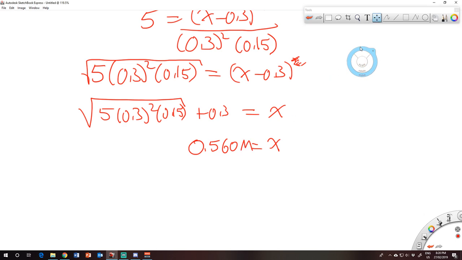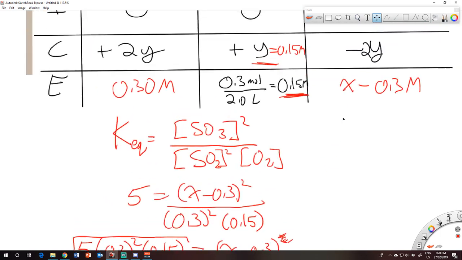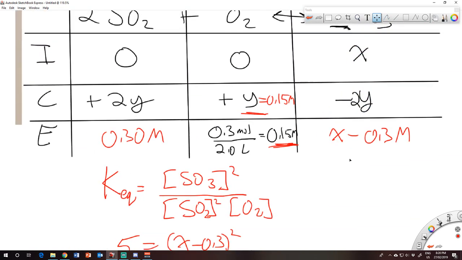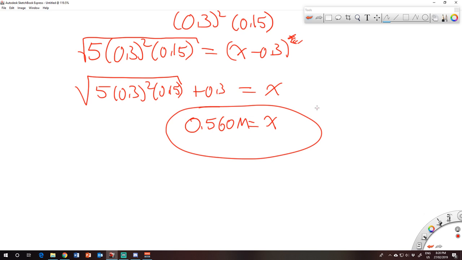Going back up, now we know what x is. Is that what we're looking for? Yes. x is the initial starting concentration of SO3.